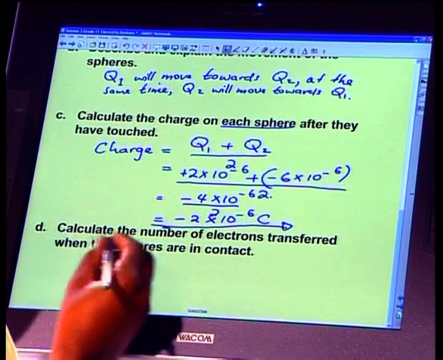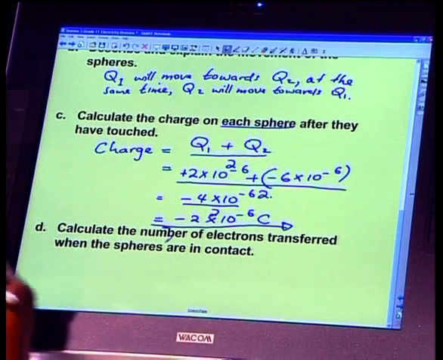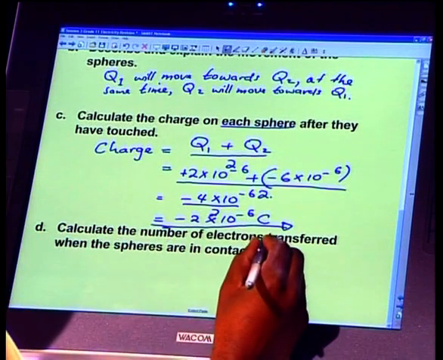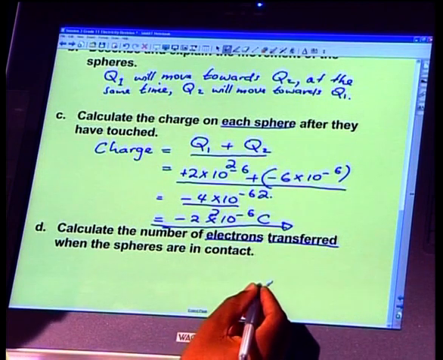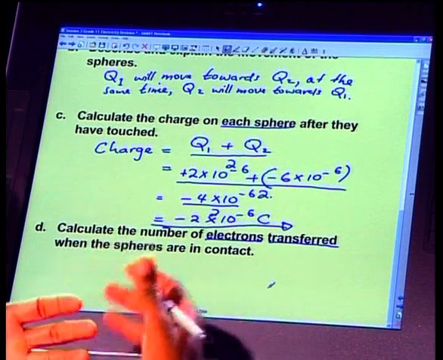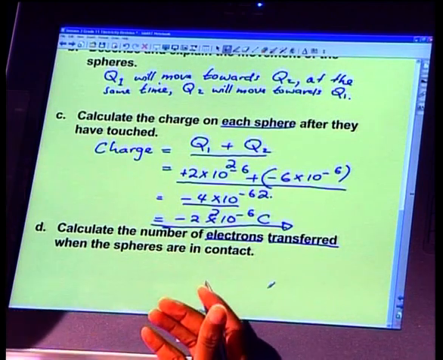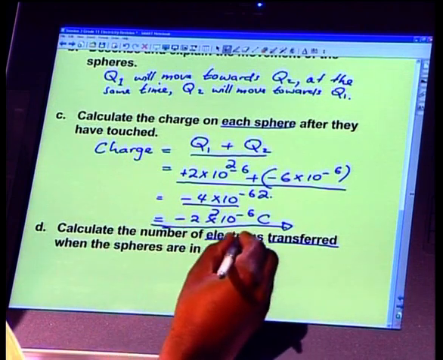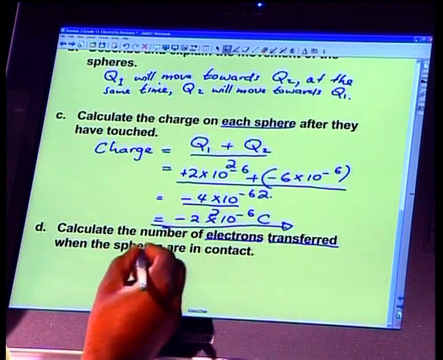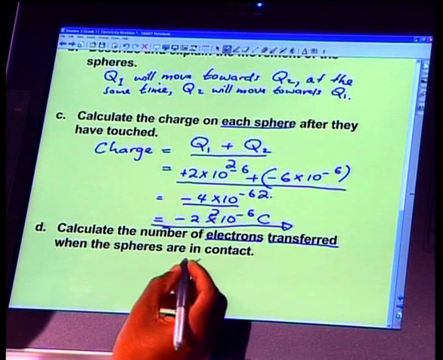Then question D says, calculate the number of electrons transferred. We know that it's electrons that can move, not protons. So it's not the positively charged particles that are moving, but the negatively charged particles. Calculate the number of electrons transferred when the spheres are in contact.